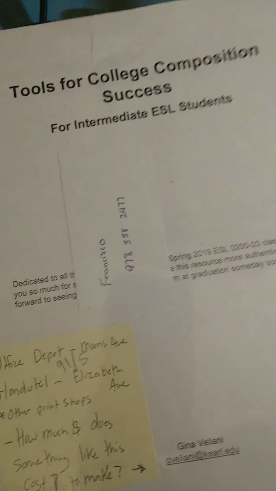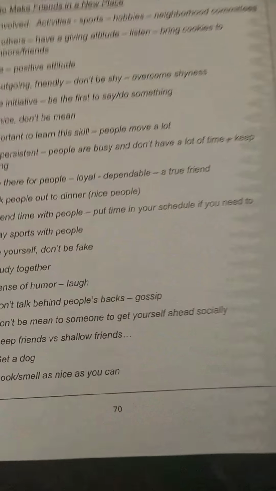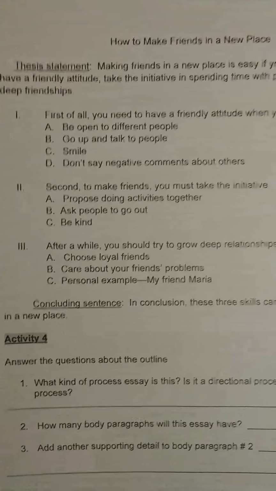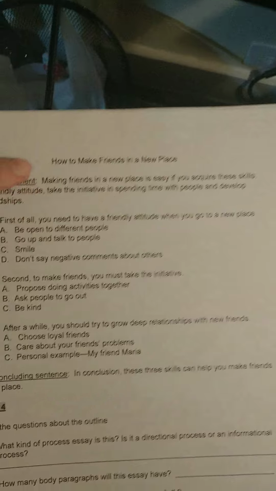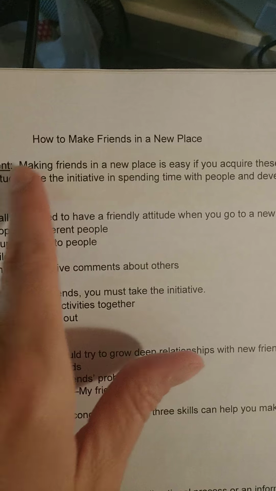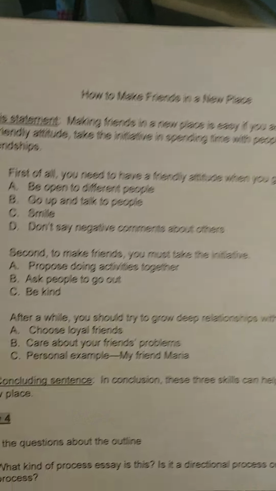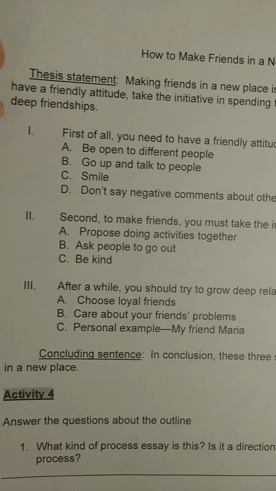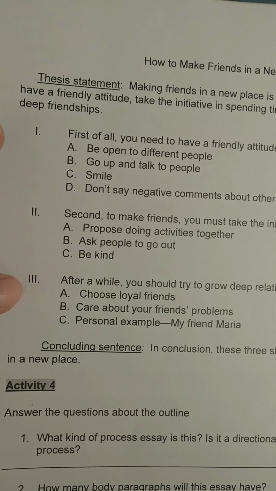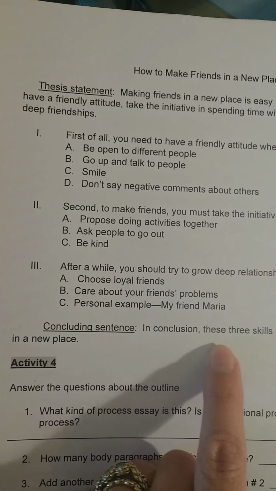We're going to be in our writing book, so take this out and turn to page 70. Well, actually, first 73. On this page, you will see a very clear outline: the title of the essay, How to Make Friends in a New Place. Then the author wrote a thesis statement, and then 1, 2, and 3, and then a concluding sentence.